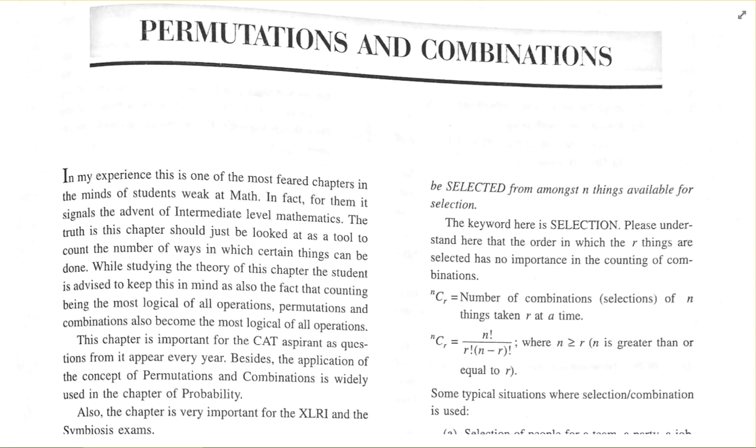That doesn't matter. We just have to form words, because it is asking only for rearrangements, not for meaningful words. So, in how many ways can we rearrange the letters of the word computer?